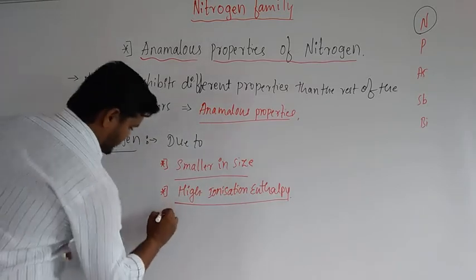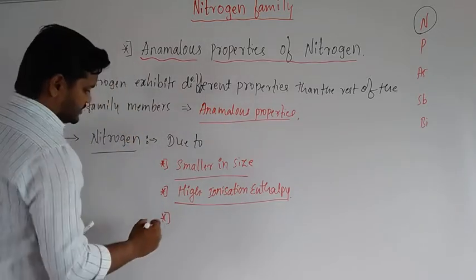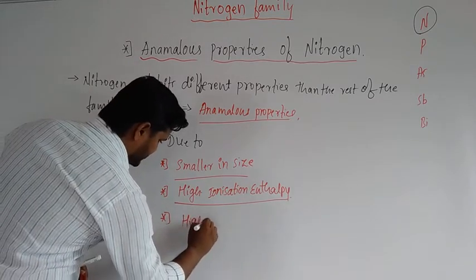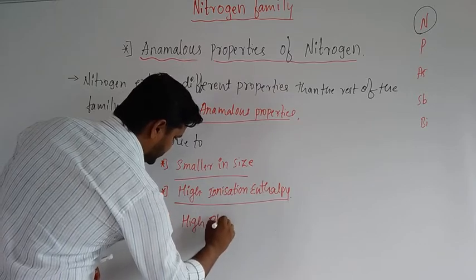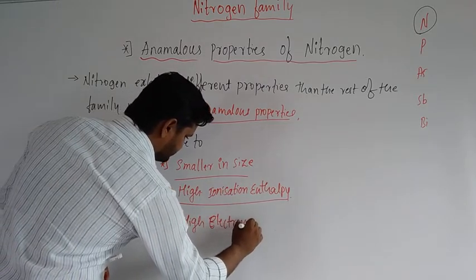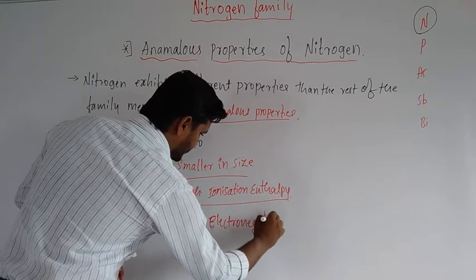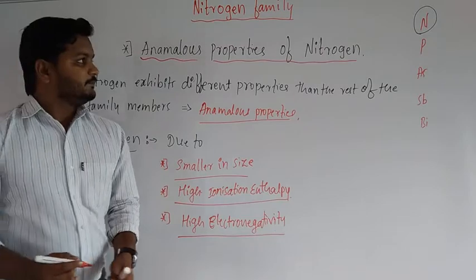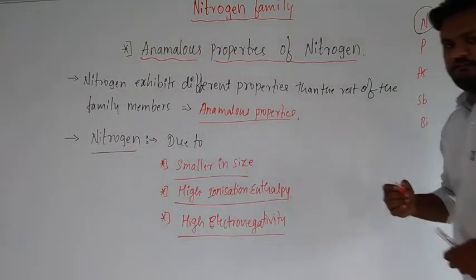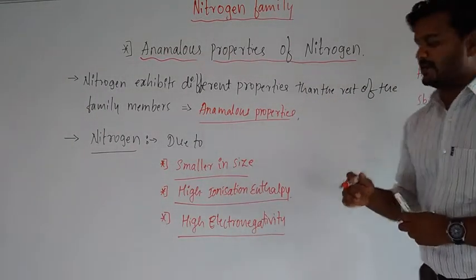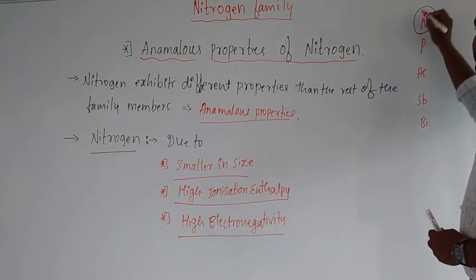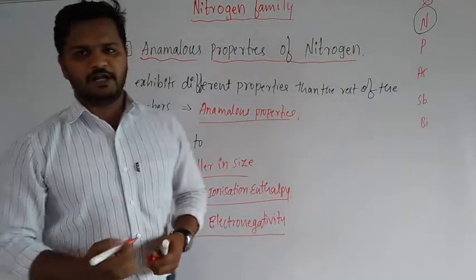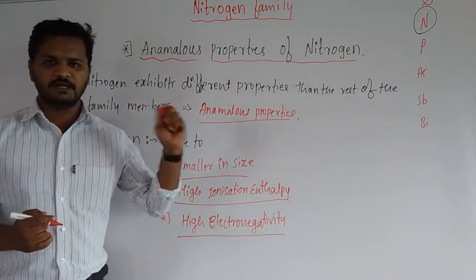One more reason: nitrogen is a highly electronegative element compared to other members. Due to the high electronegativity of nitrogen, it exhibits some different properties. Nitrogen is the third most electronegative element in the periodic table: first fluorine, second oxygen, third nitrogen.